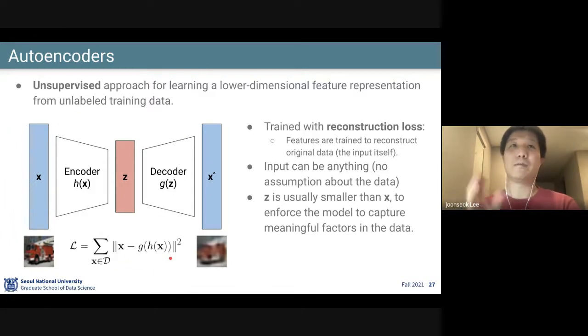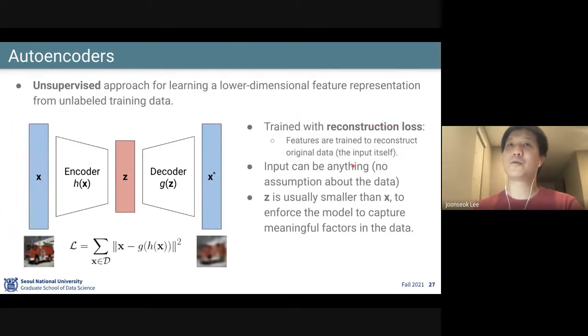That means the model is allowed to use only, suppose, 100 values to represent this entire image. And it needs to learn what is the most important signal from that image to recover it back from that small amount of information allowed. So it is trained only with this reconstruction loss.